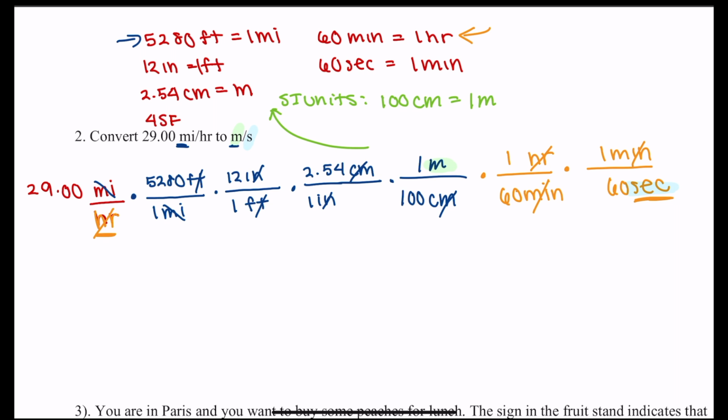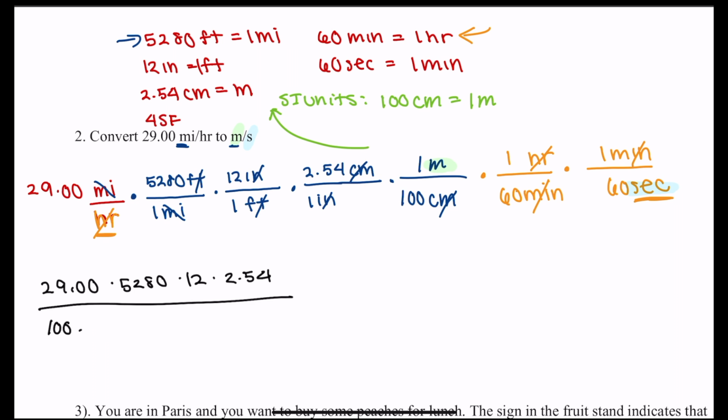So if I multiply everything out, basically it will be 29.00 times 5280 times 12 times 2.54, and those are all over 1, so I'm not going to write those. Divided by 100 times 60 times 60. So if I do that, I will get 12.96416.